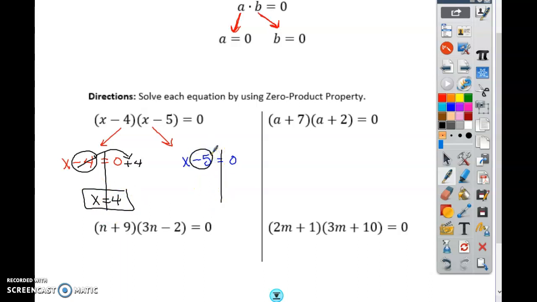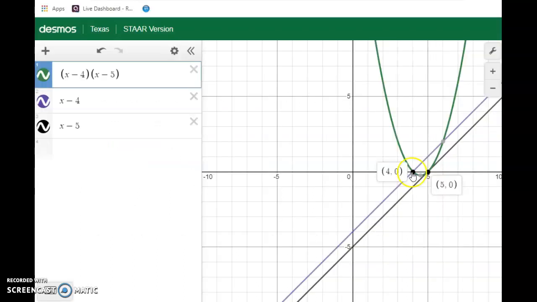Move the negative 5, add it to the other side because you have to change the sign. What's 0 plus 5? 5. X equals 5 is my other 0. These are called zeros. They were found right here, 4 and 5. Okay? We're looking for zeros today. That's what we're going to do.